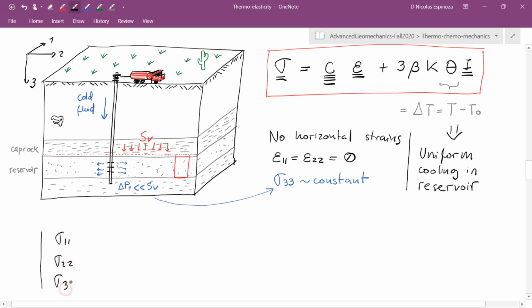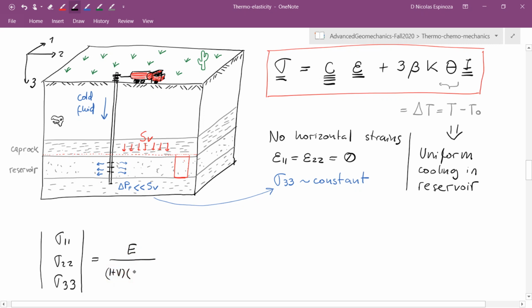And I'm going to disregard the shear components because those are not going to have any value as long as the change of temperature and the change of pressure is the same everywhere. So by doing that, I'm just going to use the top left part of the stiffness matrix, where the stiffness matrix is equal to the following for the normal components.